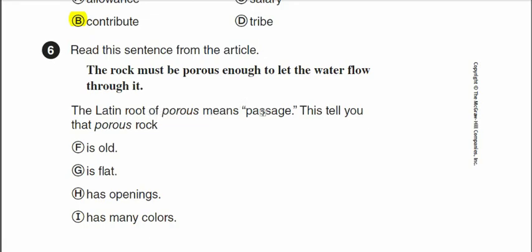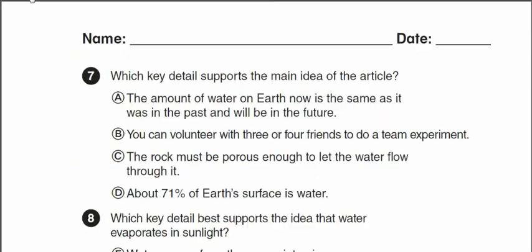As we have here, the meaning is passage, and the rock needs something to let the water flow through it, inside it. So it must have some openings or holes. So the answer of question number 6 is letter H, has openings.